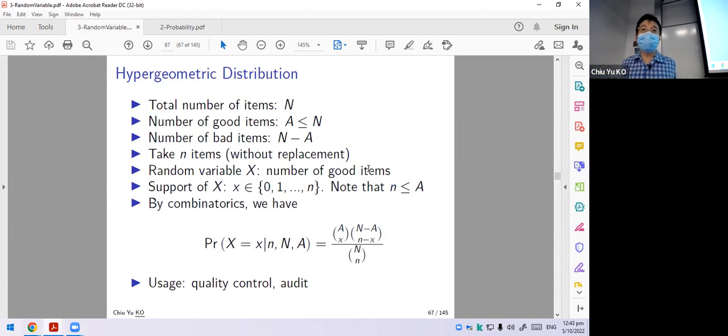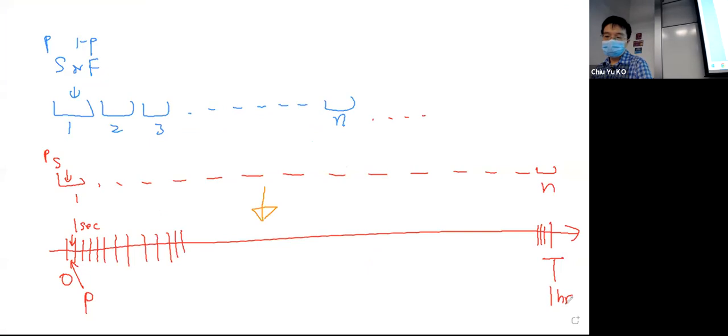So hypergeometric, as I will say very soon, you can easily contrast and compare with binomial. So before we go to the notation, let's consider binomial again.